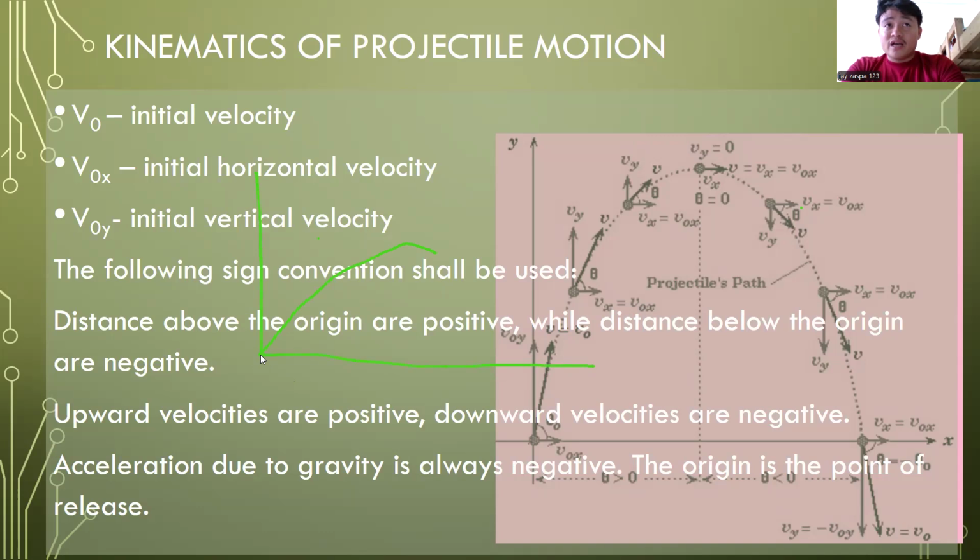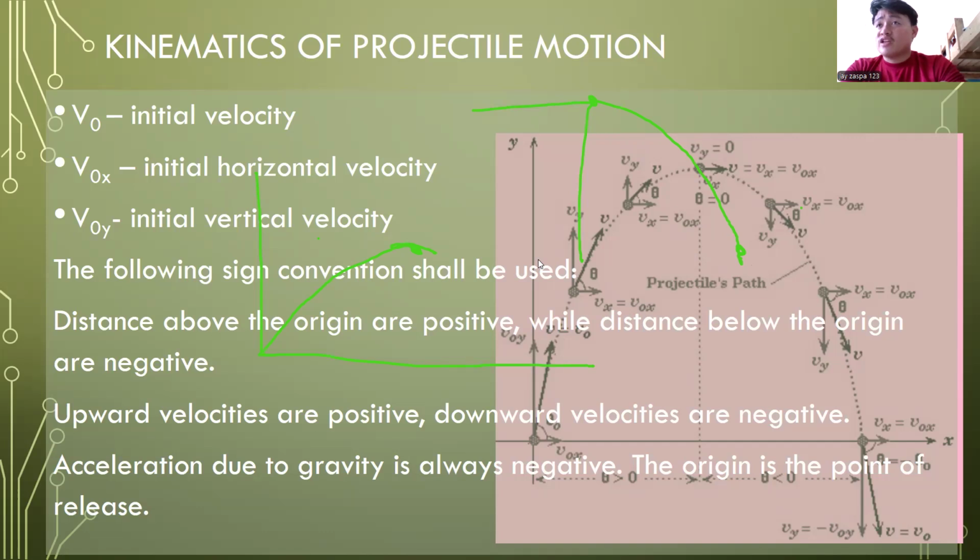If your distance goes up there at the top, that is always positive. And if the object goes down here, since this is your origin, your distance will become negative. Okay? Put that in your mind.